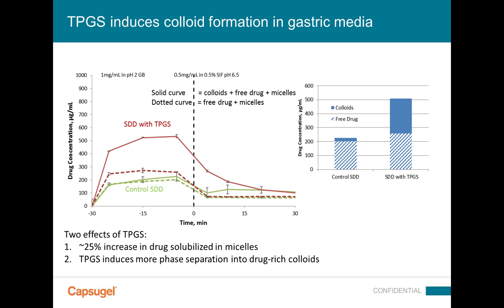You can see the comparison between the free drug and the colloids is quite striking between the control SDD and the TPGS. So the inclusion of TPGS inside the SDD greatly improves the SDD's ability to form colloids, and it has the added bonus of a little extra micellar solubilization.